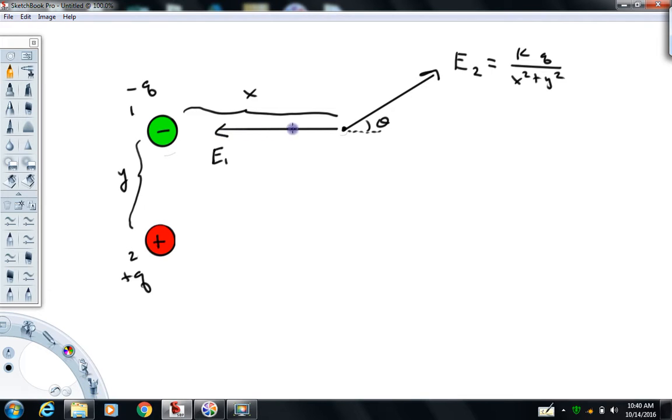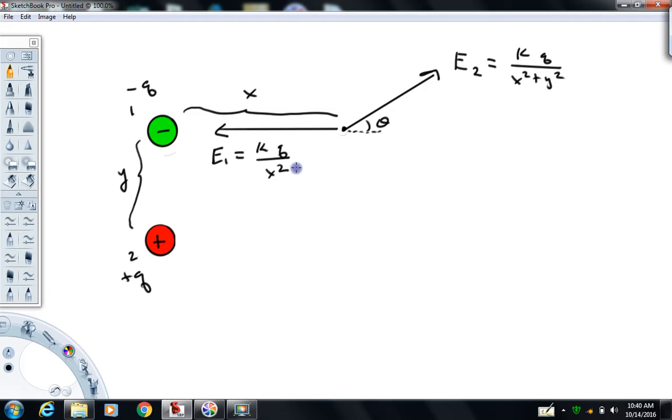Now you'll notice that I drew this vector a little longer than this one, and that was deliberate because this distance x is shorter than this distance and they're the same charges. So I know that this electric field should be a little bit larger in magnitude. Right now I'm going to write out an expression for it. Electric field vectors have a magnitude of kq over distance squared. In this case the distance is what I'm calling x, so kq over x squared.